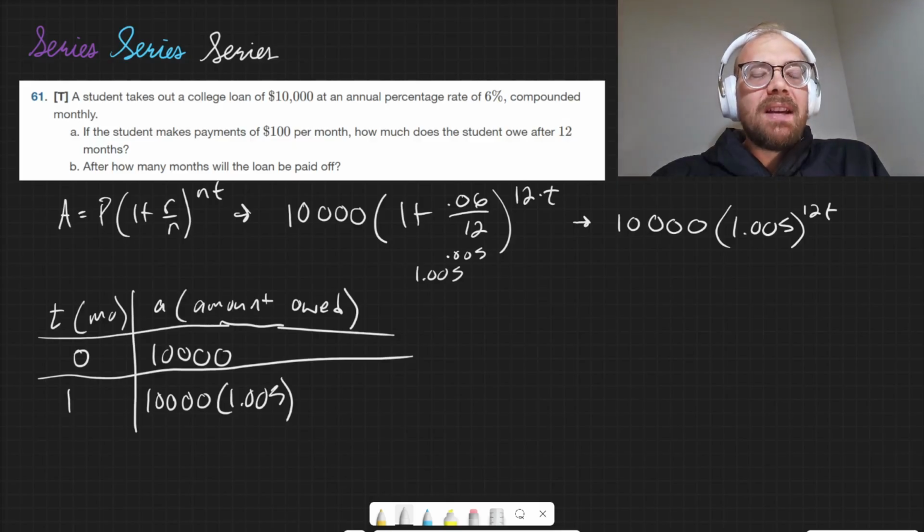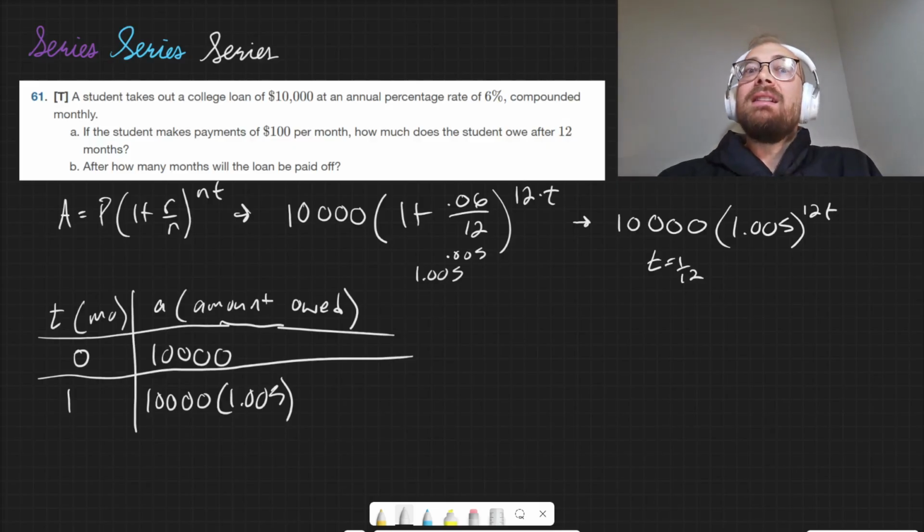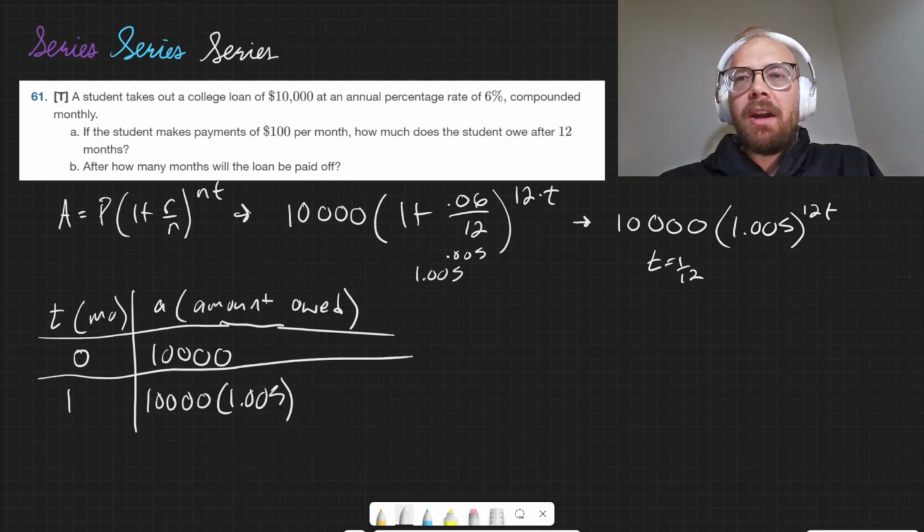So that's kind of the rate. It's going to get multiplied by 1.005, and that would be if t is 1/12 of a year. Normally, when you're using this formula, A equals P times (1 plus r over n) to the nt, t is in years, so 1 month later would be 1/12 of a year. So if I did that, you can see how that would work.